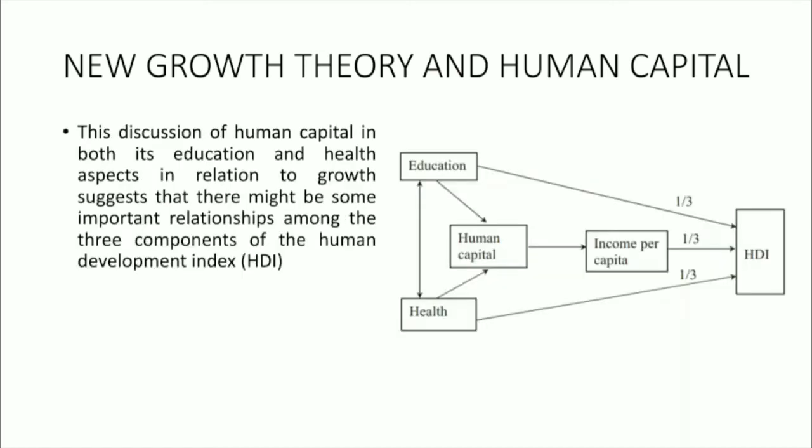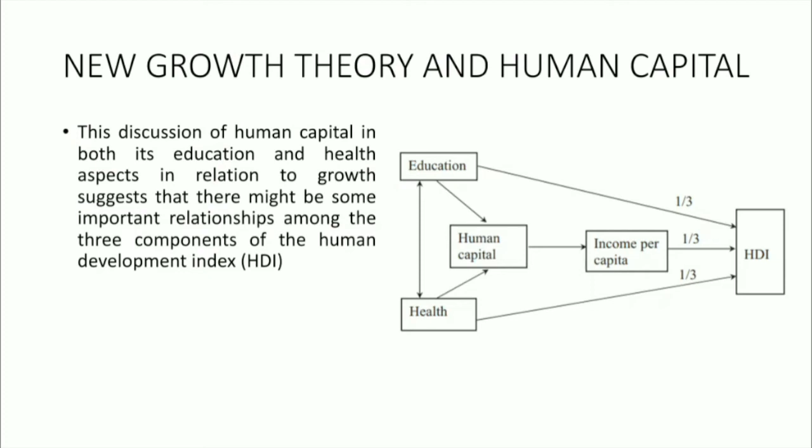So this discussion of human capital in both education and health aspects or approaches in relation to growth suggests that there might be some important relationships among three components of the Human Development Index, or HDI, as you can see on the figure there. So, on this figure, education has a direct impact on the HDI through its one-third weight.